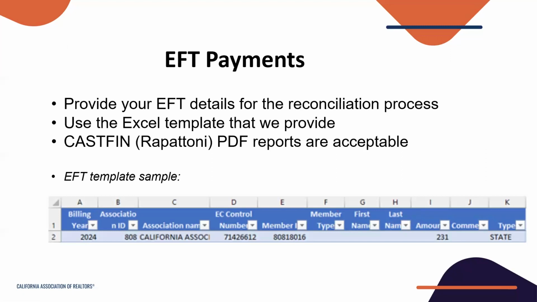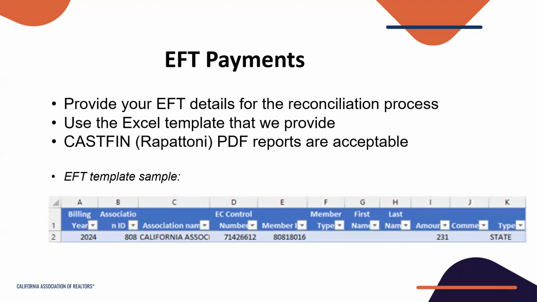To comply with record-keeping requirements, we need your EFT details so that we can match your e-commerce payments to individual contributors in M1. When you send an EFT payment, use the Excel template that we provide. There's a picture of it there in blue.